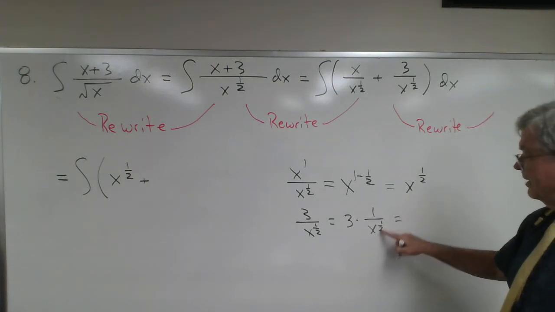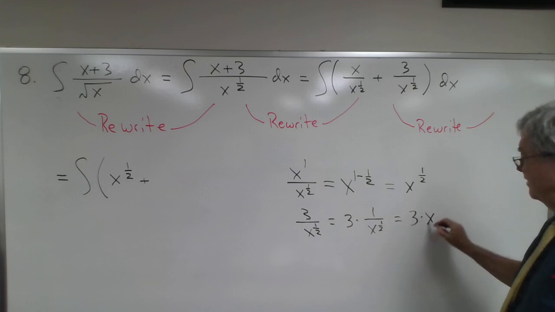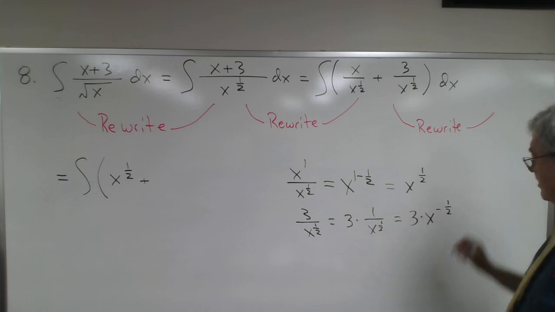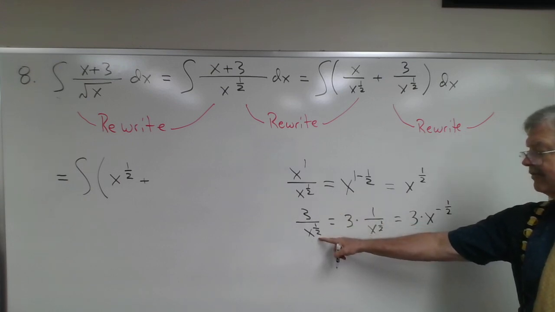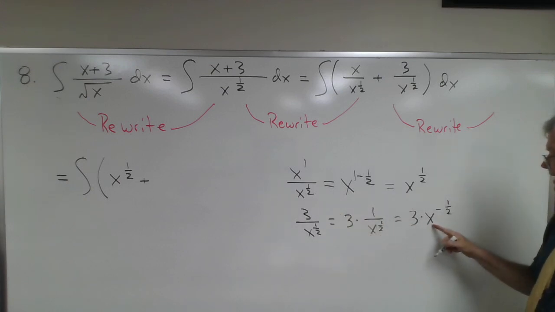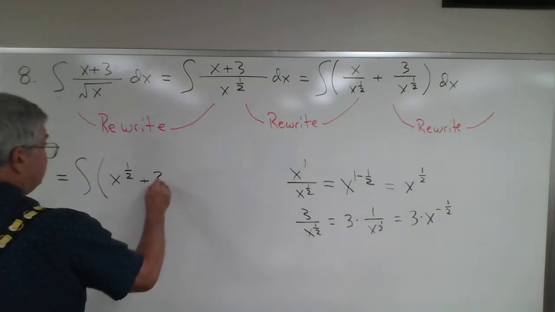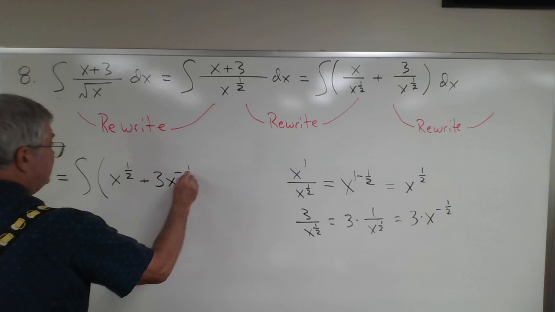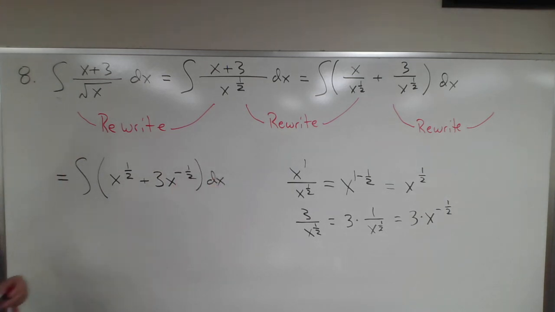If we bring this up to the numerator, we have to change the sign of the exponent. So this thing, 3 over x to the 1/2, is 3 times x to the negative 1/2. Oh my goodness. Now, this is in the form of something that we can integrate.